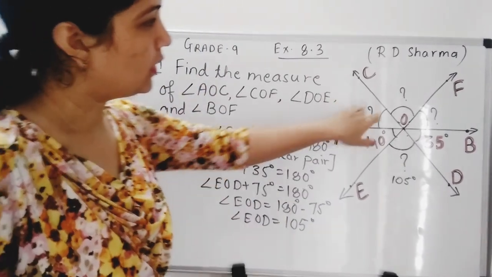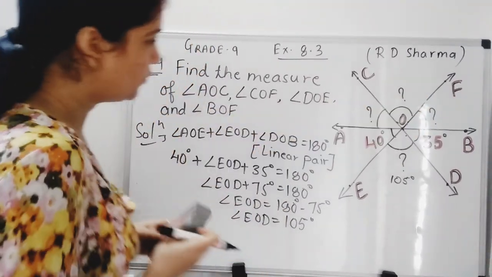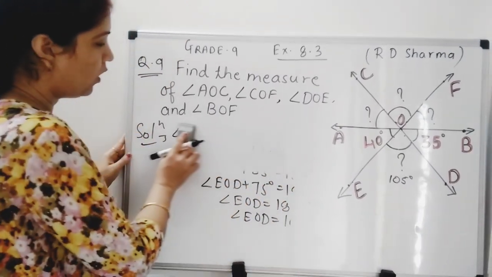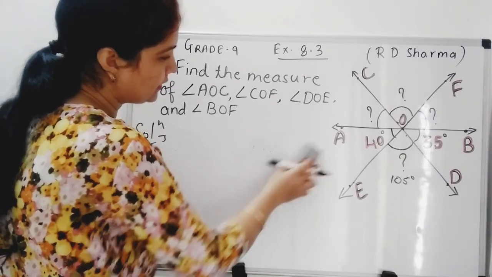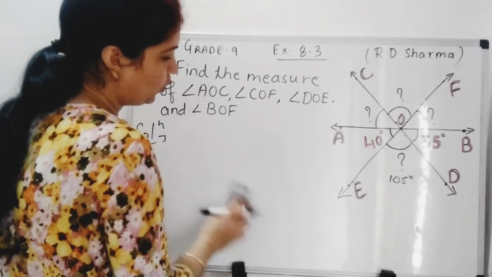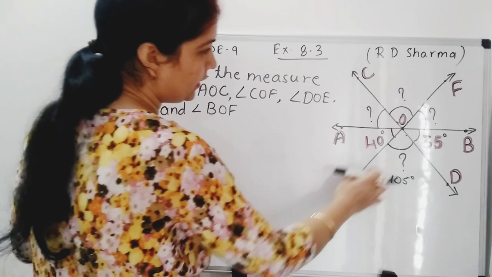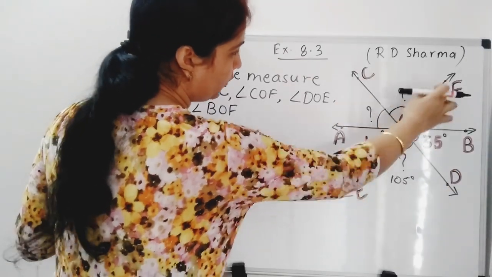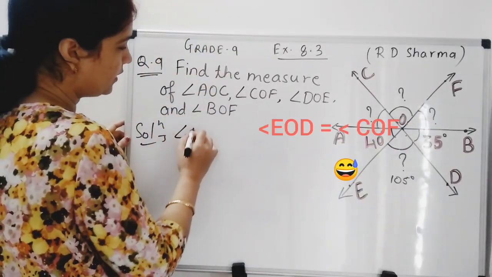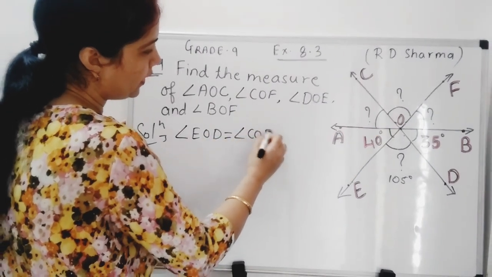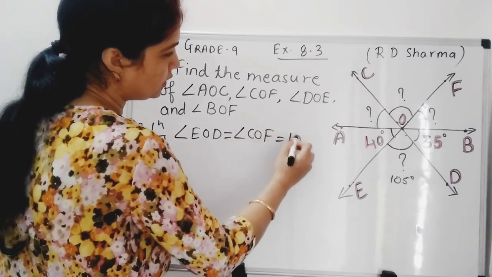Now we need to find the other three. If you see this carefully, you can see all the other angles are vertically opposite to the known angles. Angle EOD is vertically opposite to COF, so angle EOD equals angle COF equals 105 degrees.